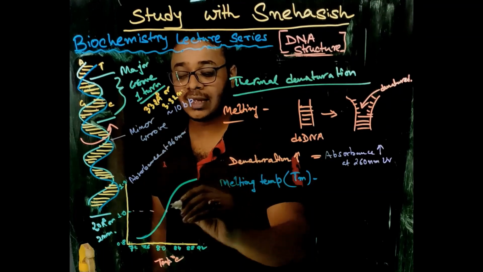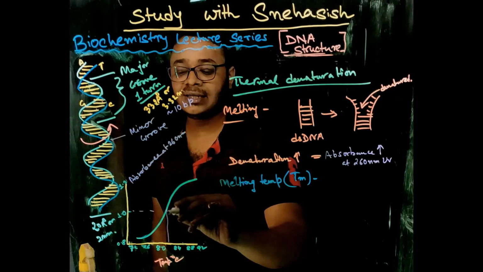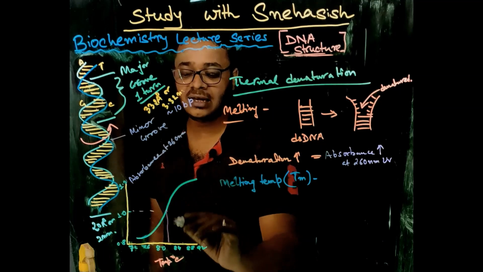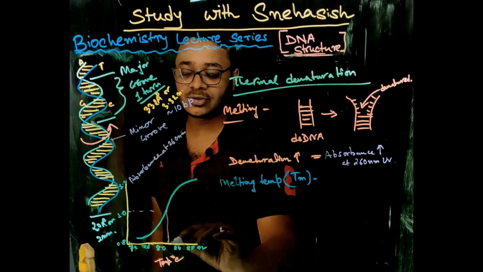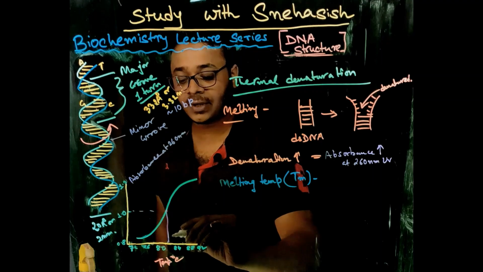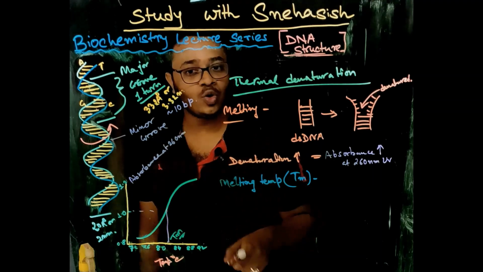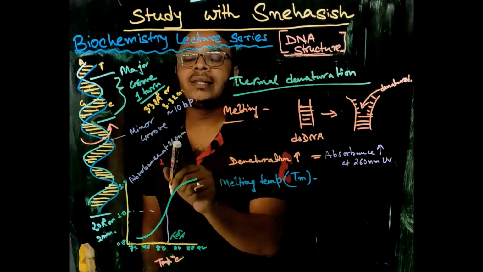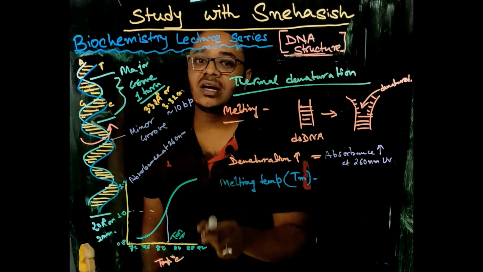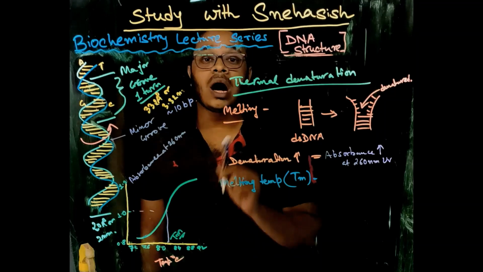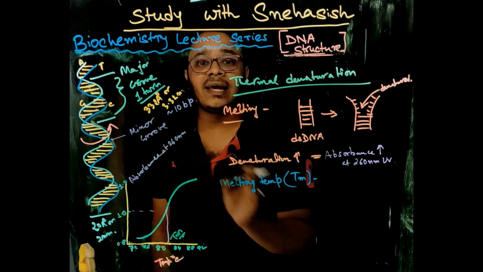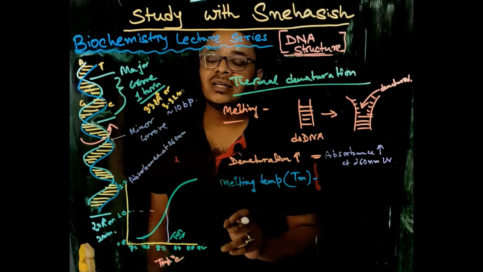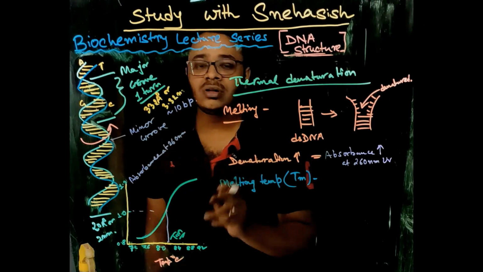The temperature at this point is called the melting temperature or Tm. So melting temperature is the temperature at which the DNA has been denatured half. Clear? So half of the DNA is denatured at which temperature? At the melting temperature. Now this melting temperature depends on some factors.